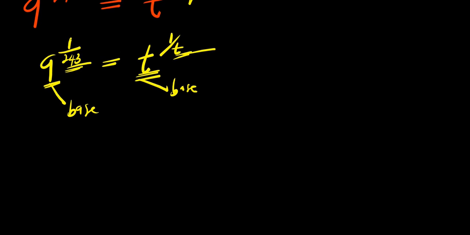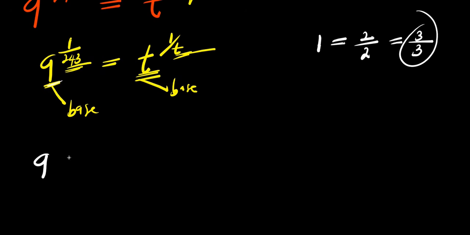So how do we achieve that? We make use of what we call equivalent fractions. If I have 1, this is just like writing 2 over 2. It's just like writing 3 over 3. Now, I need a number that I'm going to insert here that will make this to be the same. So I can easily have this as 9 power 1 times 1 over 243, and this equals t power 1 over t.